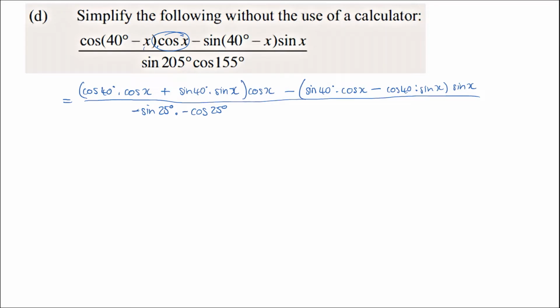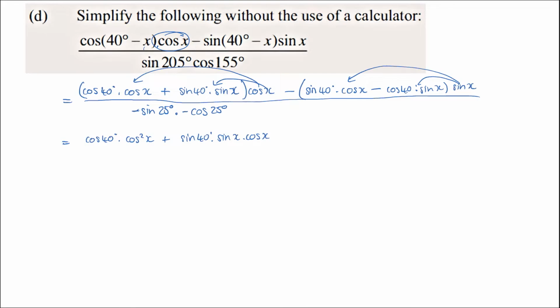Okay, and the numerator here, we need to go and distribute that cos of x to both terms. And here we're going to distribute the sine of x to both terms. So if we look at what happens here, we've got the cos of x times cos 40 cos x, which means we get cos squared x, plus here we're going to keep the sine of 40, and we've got the sine of x times the cos of x.